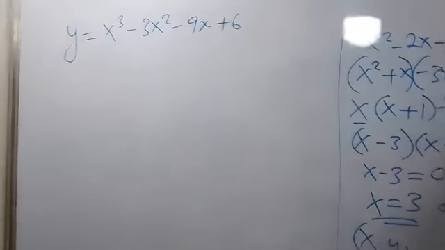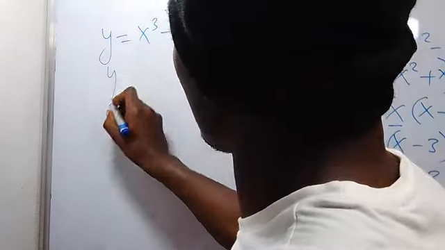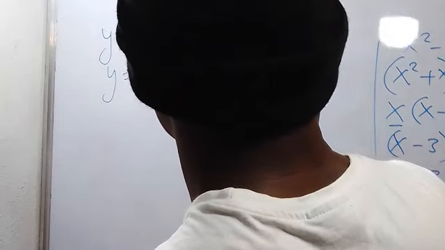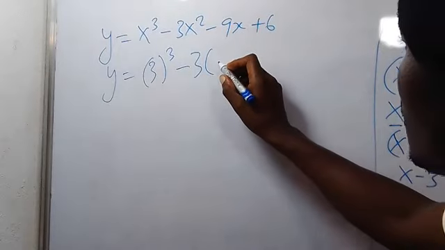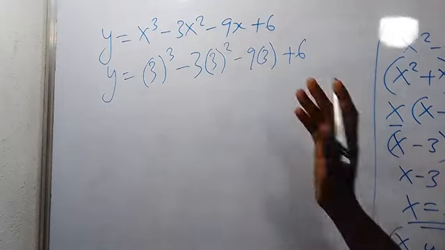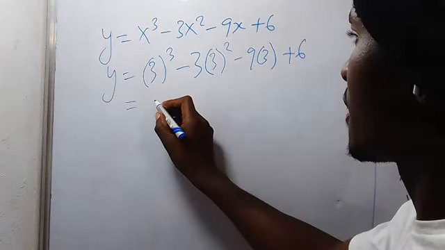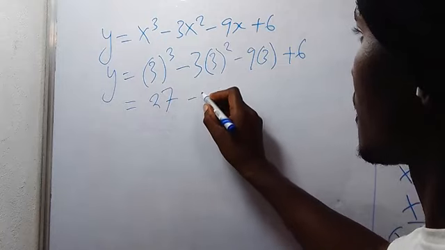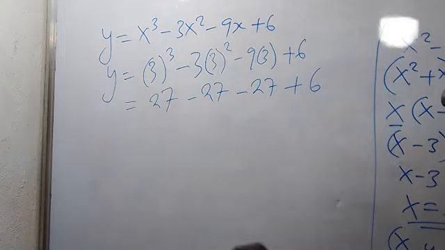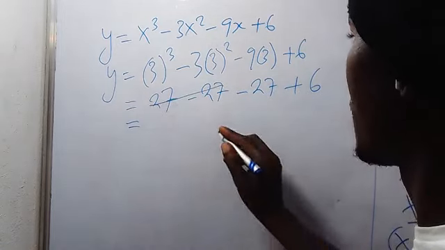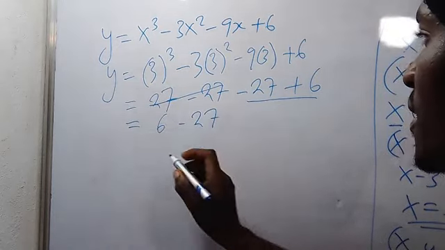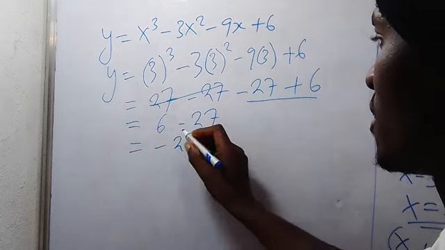So y equals, when x is 3, this is 27, minus 27, minus 27, plus 6. From there, this goes, then you remain with these two, then you can just flip them: 6 minus 27, which gives you negative 21.